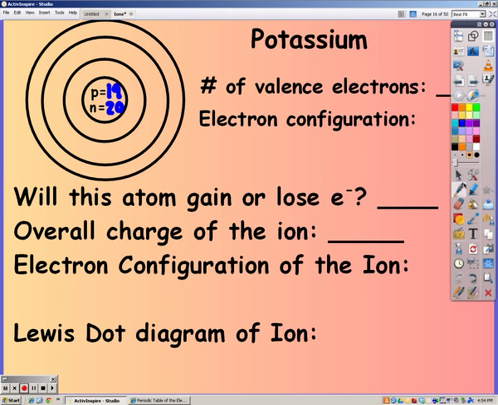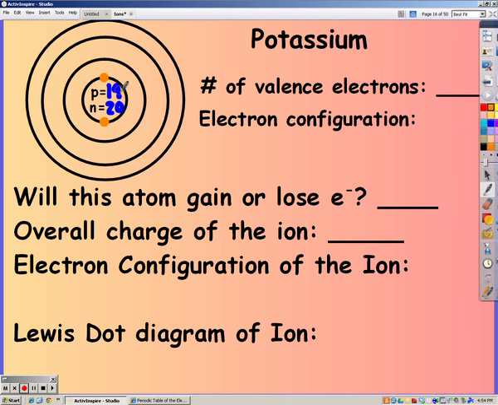So now we need to add our electrons, and our protons and electrons should be equal since it's not an ion yet. Remember that the first ring can hold 2. The second ring we can have up to 8.